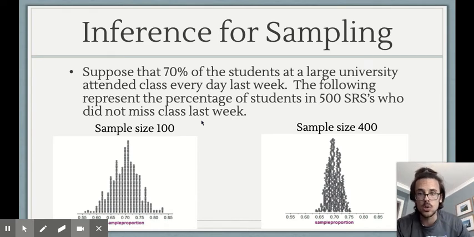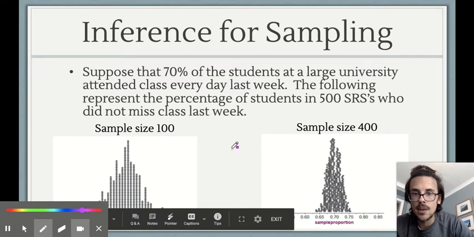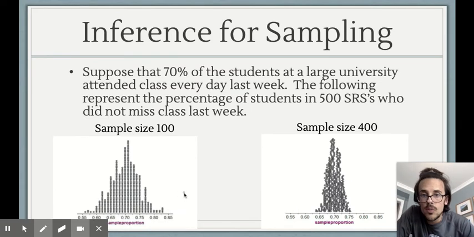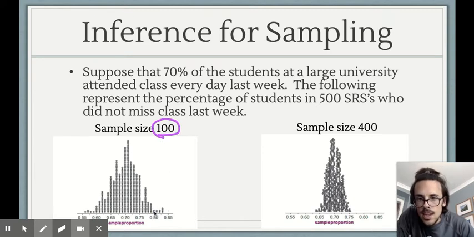In my first picture, I have 500 dots. Each of those dots is a separate sample of 100 kids. So I'm going to survey 100 kids for my sample. Look at this dot right here at like 0.80. That will be a sample where I took 100 kids and 80% of them went to class.